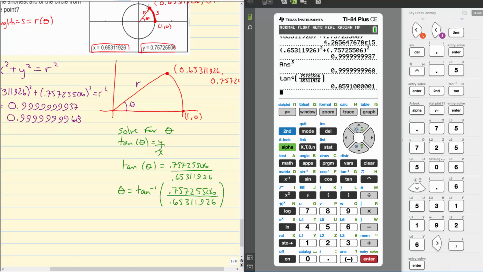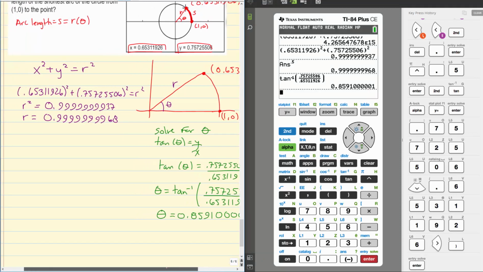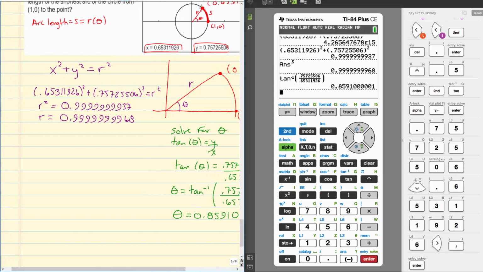So this is going to tell me that angle in quadrant 1. Okay, so theta equals 0.8591, and so on.